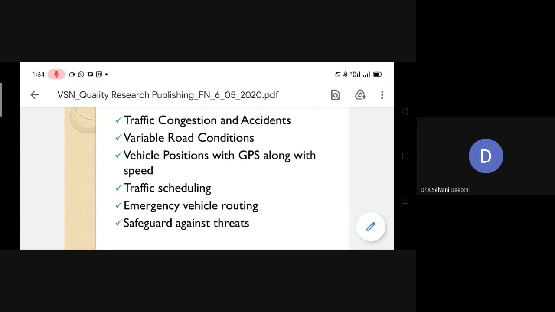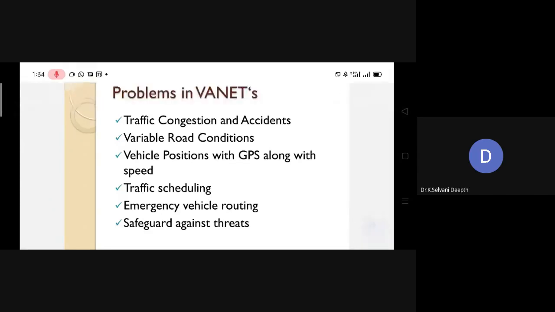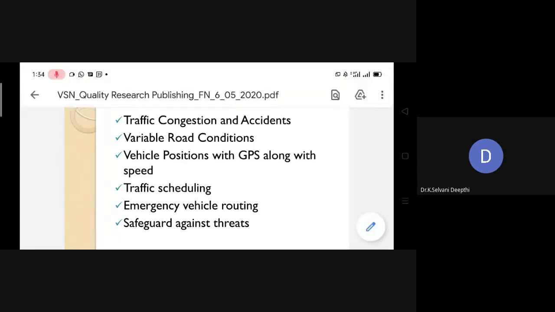So this vehicle communication is very important while traveling, and you can also eliminate some of the accidents. If you can make traffic without congestion, then the accident rate will be proportionally decreased.